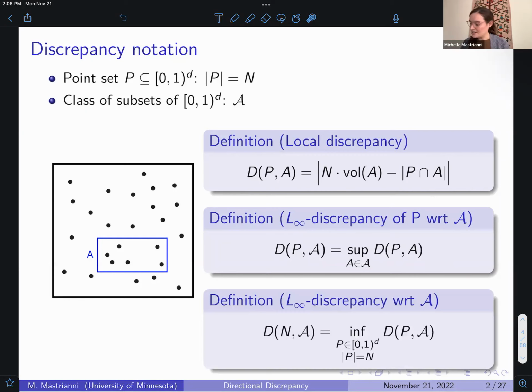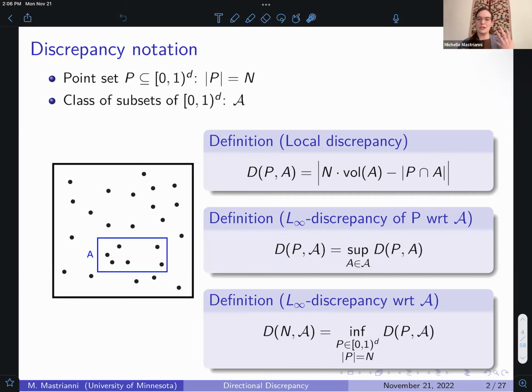And the discrepancy function with respect to the class of sets script A is a function of the number of points n, and over all point sets P of that size n, it takes an infimum of these discrepancies of the point sets.